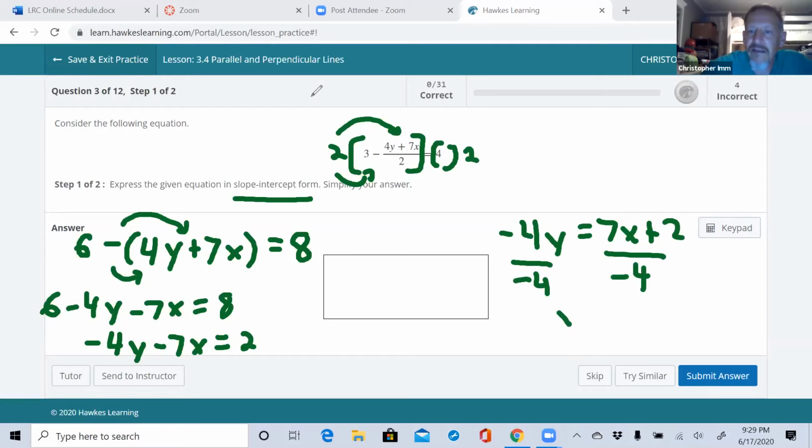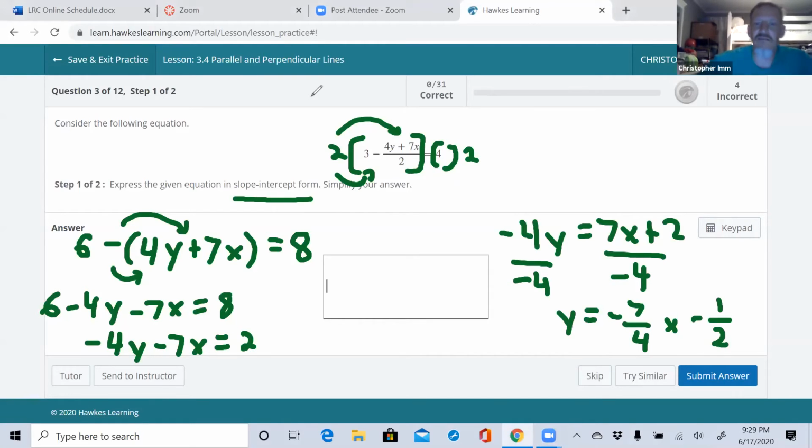And I will get y is equal to, I'm going to just divide this into 2 parts, so it's going to be in slope-intercept form. So a negative 7/4 x plus 2 over negative 4, and 2 over negative 4 reduces to negative 1 over 2. So I believe that looks right. Let's put it in and check it out.